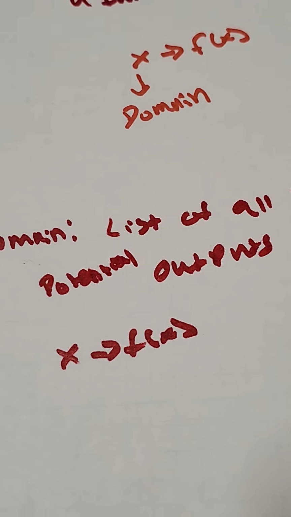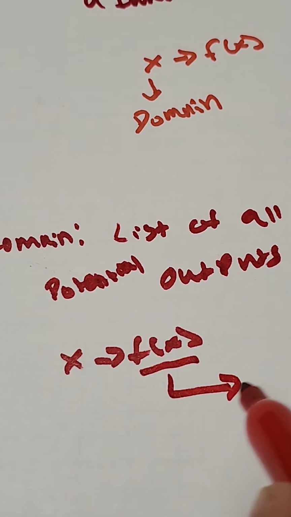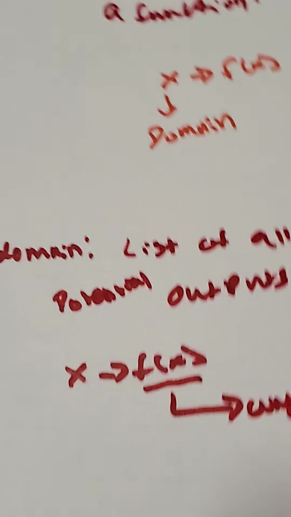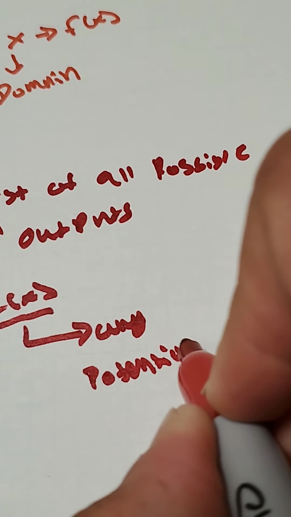Pretty much any potential f of x we get is in the codomain.